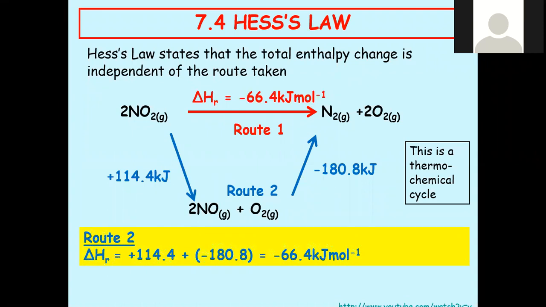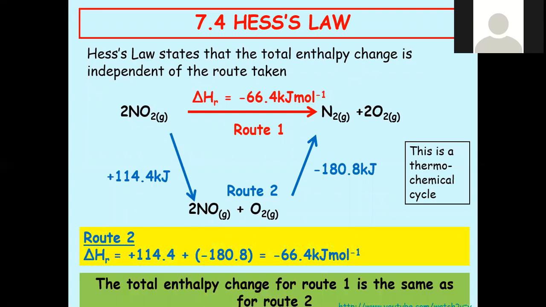So that's how route 2 would set out. The total enthalpy change for route 1 is exactly the same as route 2, and that is the important part of Hess's law: it doesn't matter which route we take, the total enthalpy change is going to be exactly the same.